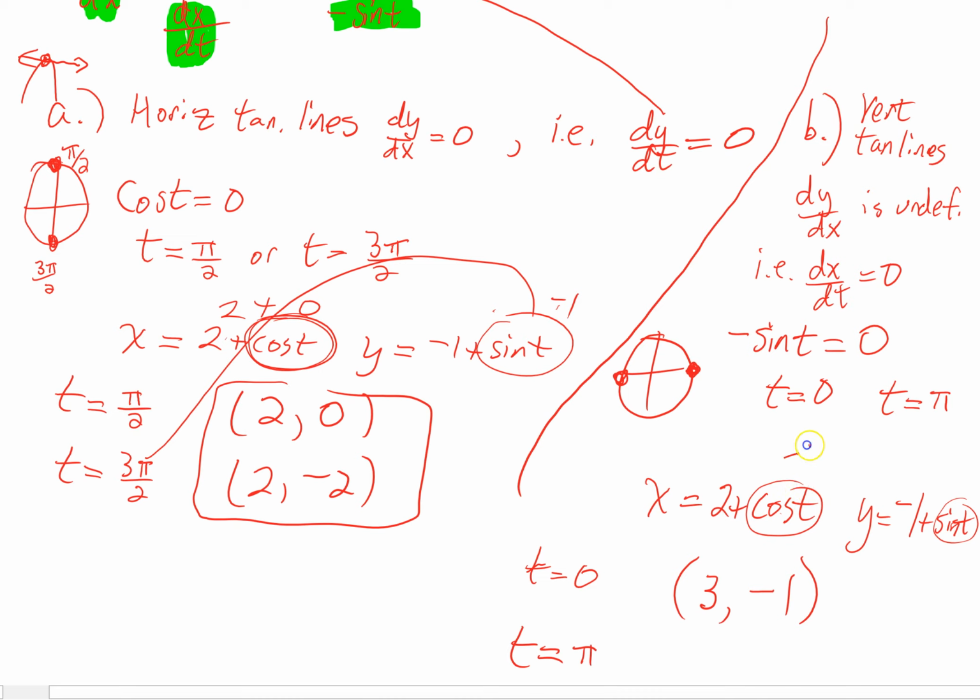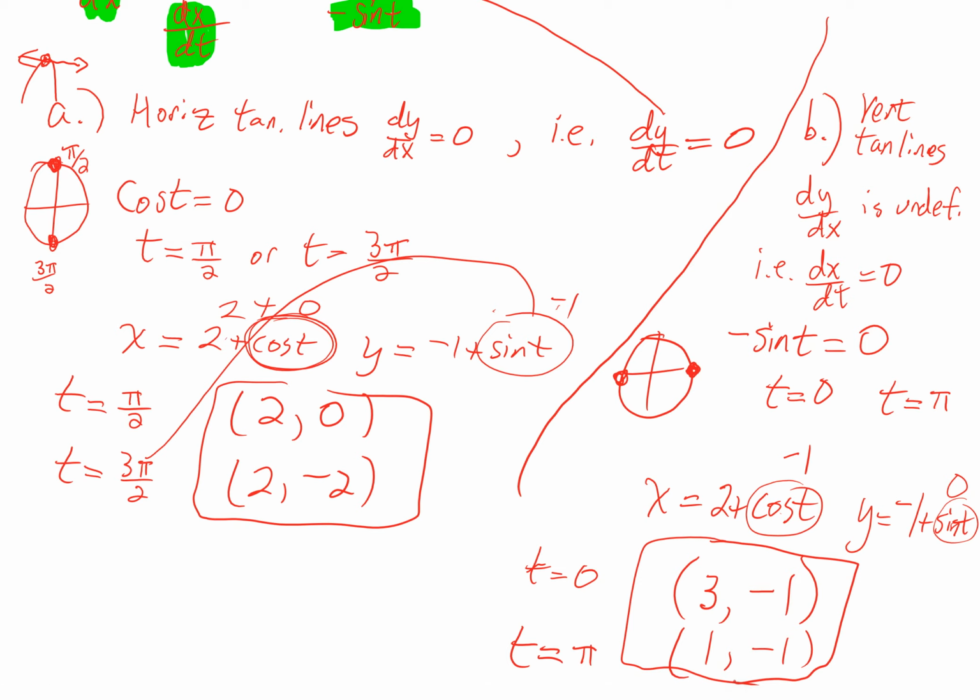Cosine of pi is -1, isn't it? Be careful with that. 2 plus -1, you just get a 1. And the sine of pi is still a 0. 0 plus -1, you get that right there. So here are your 2 points where you would expect to see a vertical tangent line. Your derivative dy/dx would not exist.